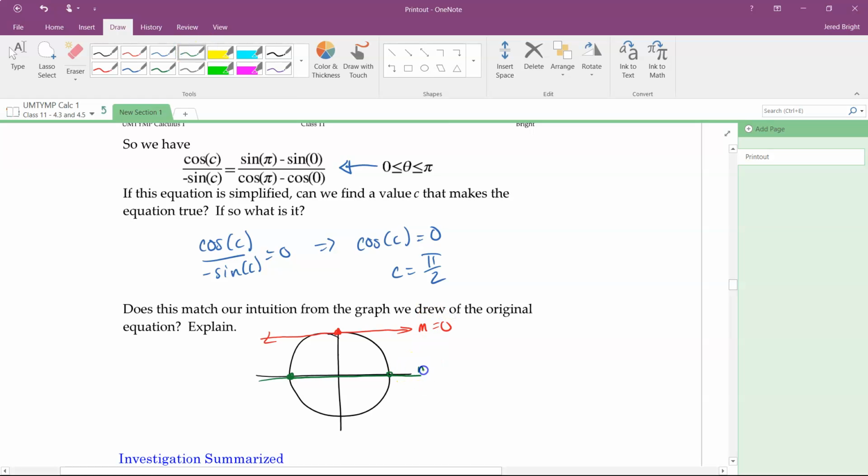So here we said the slope is 0 between the endpoints, and we found another point specifically when c is pi over 2 where this matched. So yay! Now we did all this. What does this mean? And for that, I'm going to go on to the next video and introduce an extended mean value theorem to us.